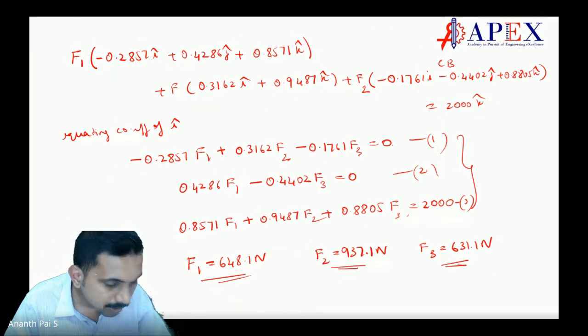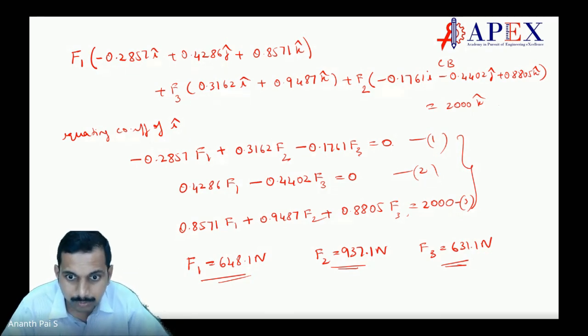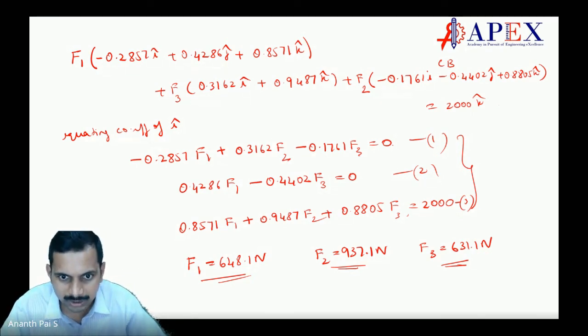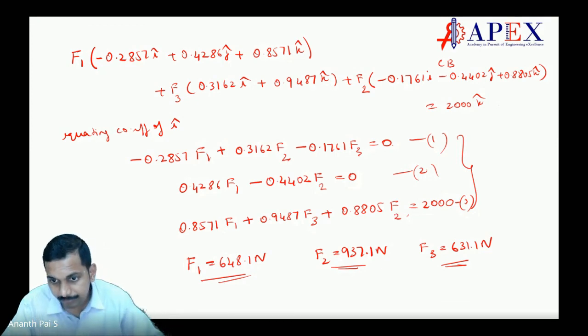Okay, no, there is a mistake. Shames has made a mistake. So accordingly you change it, students. This is F3. This is F2. Correct. And then this is F3 and this is F2. Correct, students? This is the way it is coming. So then you will get it.